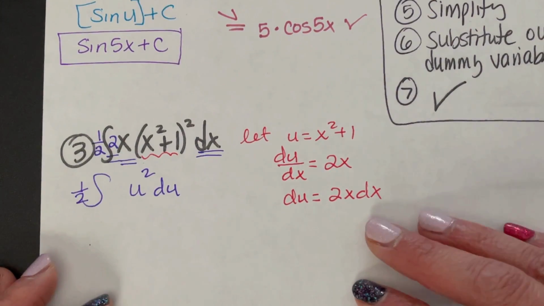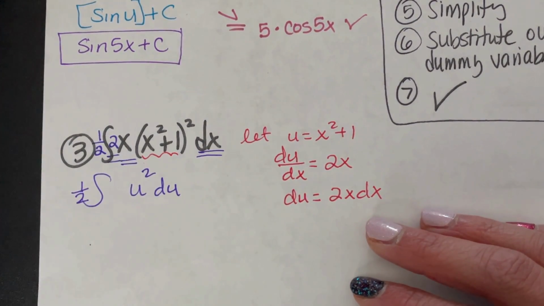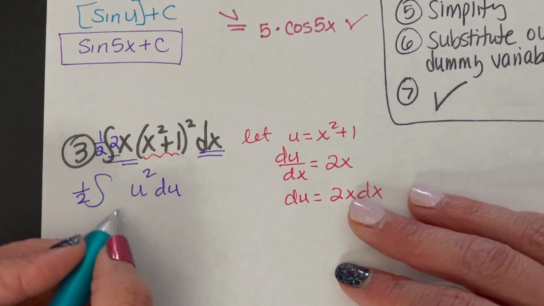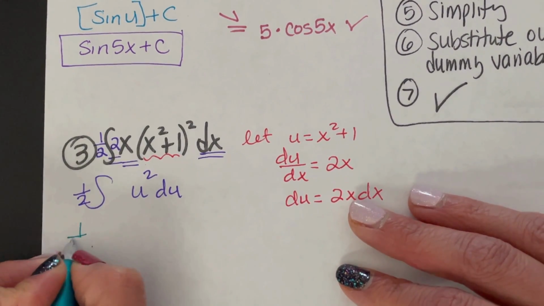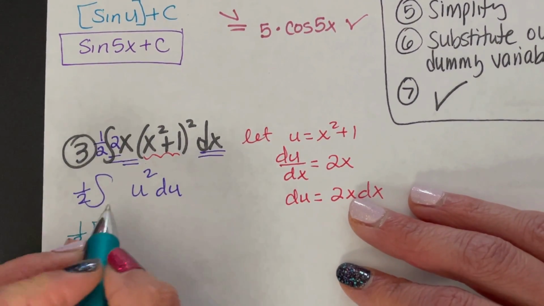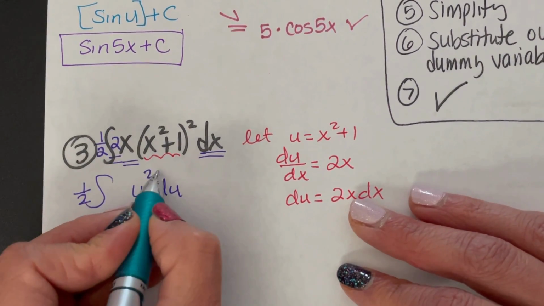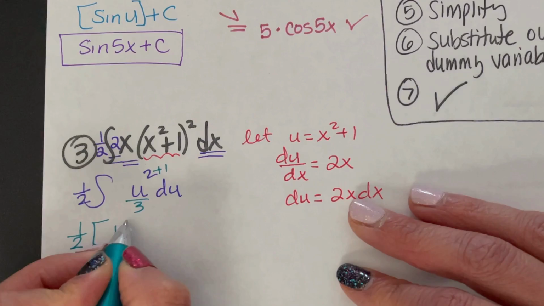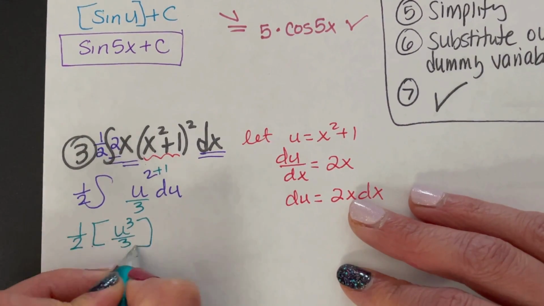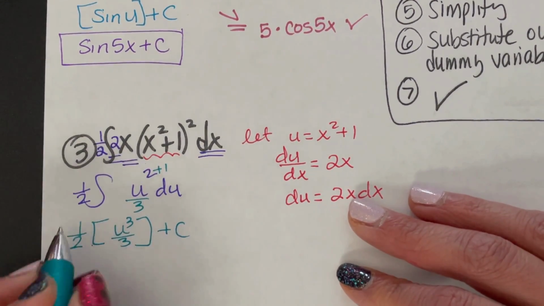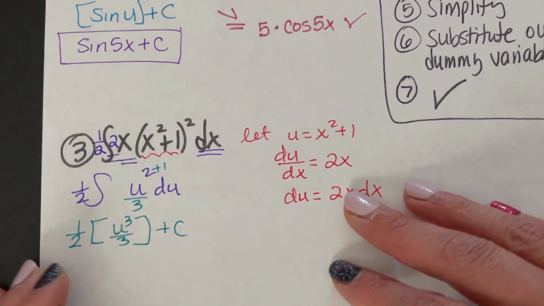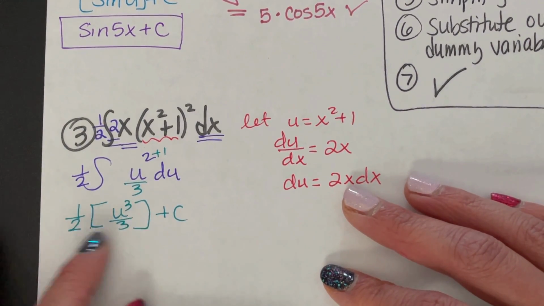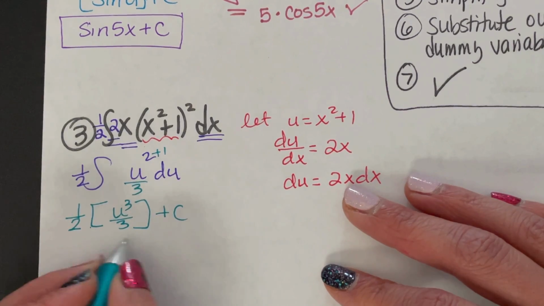All right, so now let's integrate. So we have this 1/2 out front, and the antiderivative of u squared, we've got to bump it up, got to raise the roof, and we'll have u cubed over 3 plus c. Now I can simplify this because I have a 1/2 times the u cubed over 3. I can make that over 6 by just multiplying it.